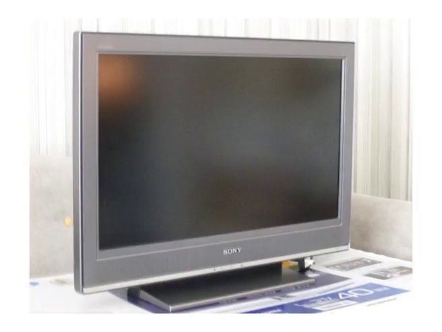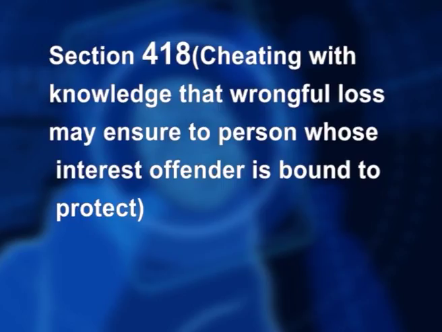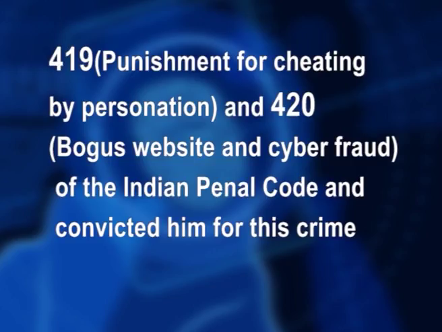The CBI recovered the Sony TV and cordless headphone as evidence, and the court found Arif Azim guilty under section 418, that is cheating with knowledge that wrongful loss may ensue to a person whose interest the offender is bound to protect, under section 419, that is punishment for cheating by personation, and under section 420, that is bogus website and cyber fraud, of the Indian Penal Code or IPC, and convicted him for this crime.